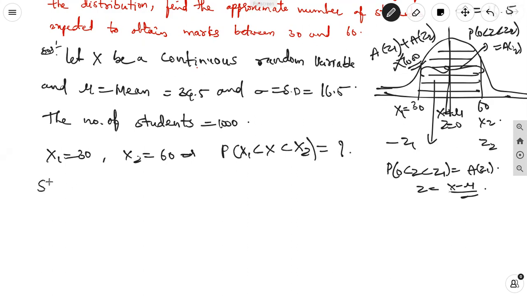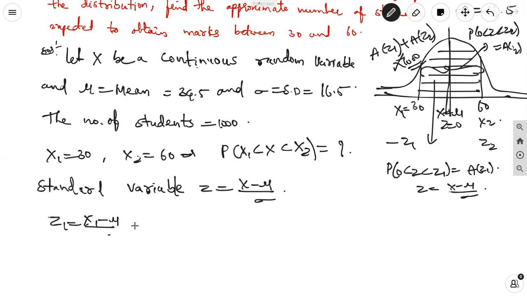Here the standard variable z is equal to x minus mu by sigma. From this, z1 is equal to x1 minus mu by sigma, that is equal to 30 minus the mean 34.5, divided by sigma 16.5. It is equal to minus 4.5 by 16.5.